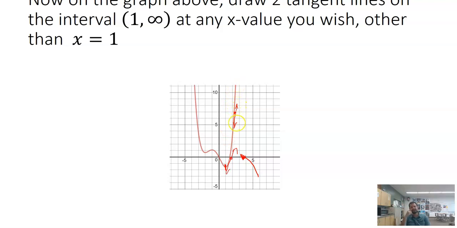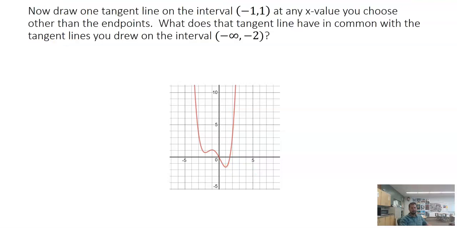Wherever I drew a tangent line, it would have a slope of a positive number. I don't know what that slope would be. I have no idea what this function is, so I couldn't do all the things that we did in the previous two lessons, but I would know that both of those have a positive slope.